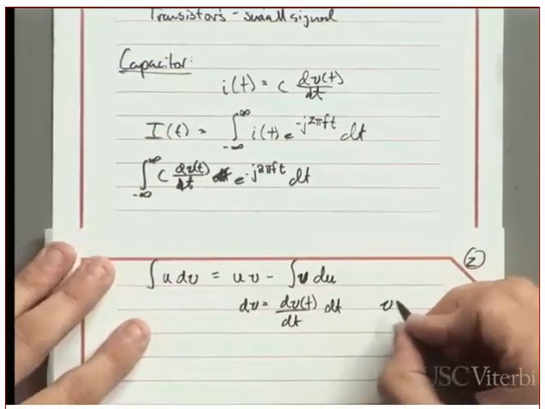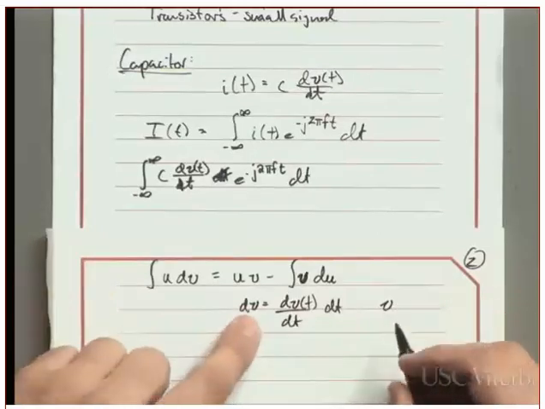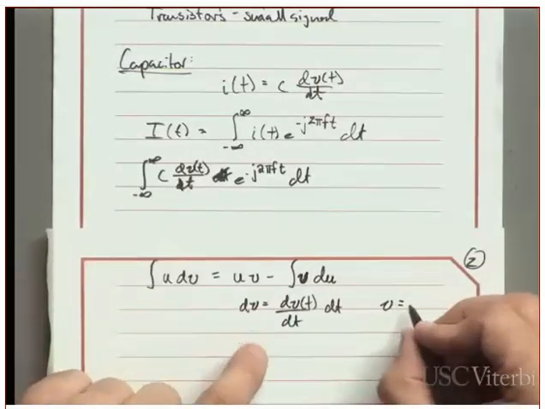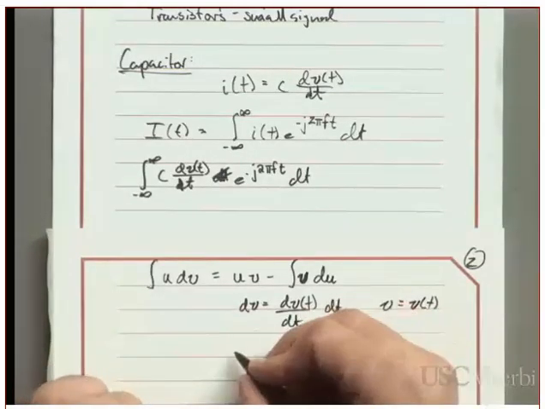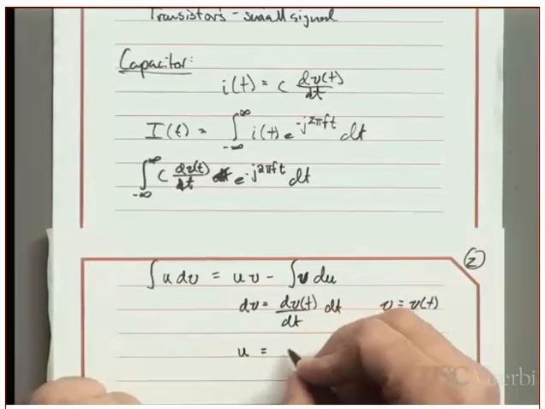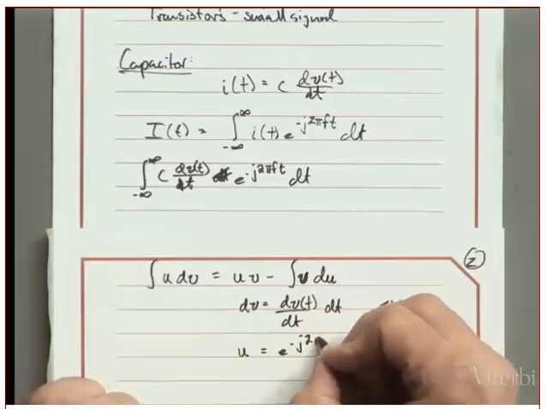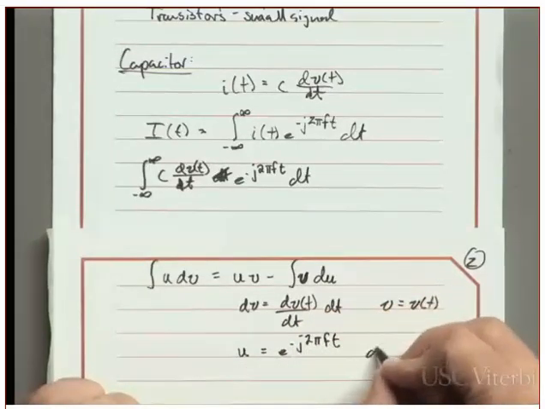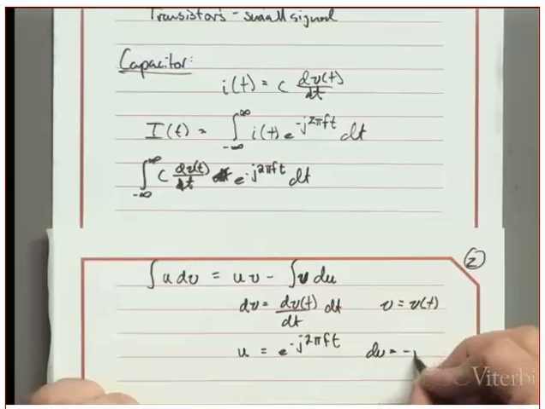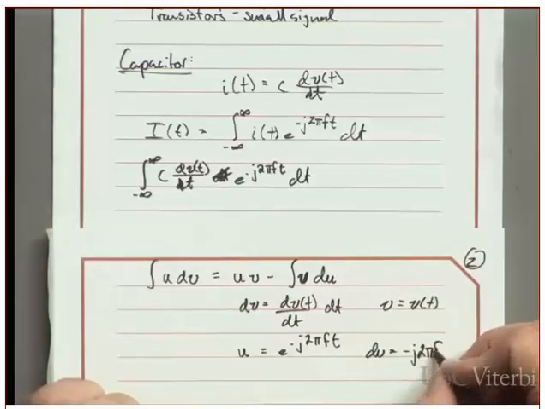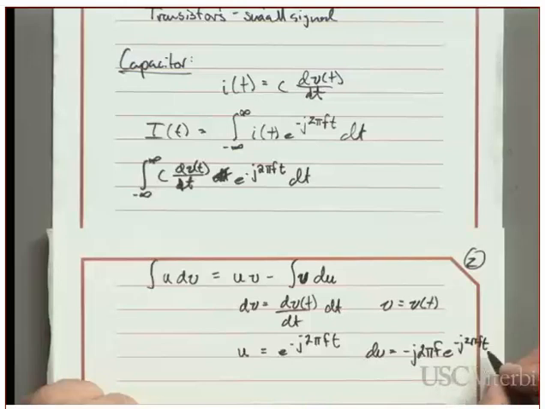And so that means that this variable v is just equal to the voltage in time. And u is just going to be e to the minus j 2 pi f t. And du then is going to be minus j 2 pi f e to the minus j 2 pi f t times dt.